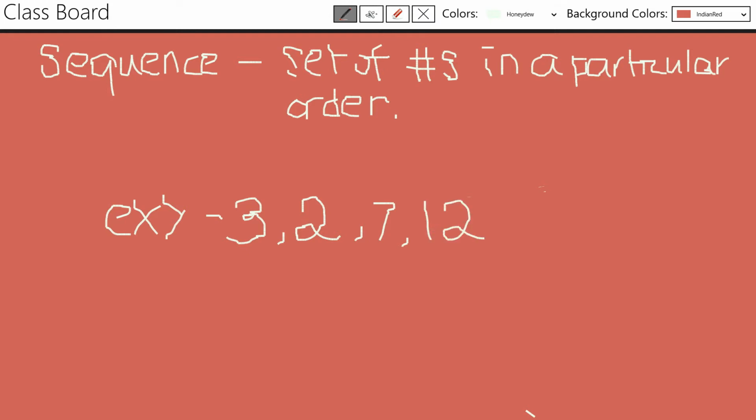Those are my patterns, and each of these numbers are called terms or term. So -3 is a term, 2 is a term, 7 is a term, and 12 is a term. So that's basically my vocab. Any of these numbers are called terms.